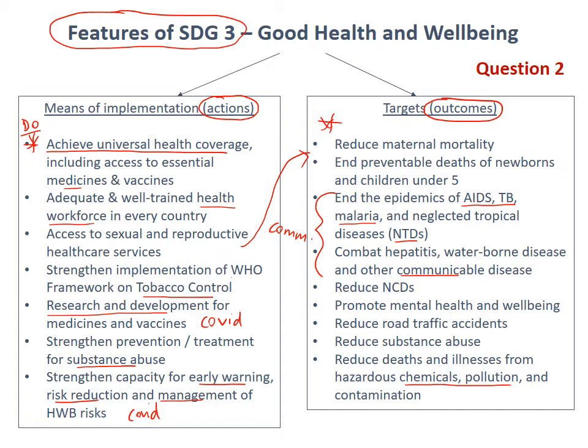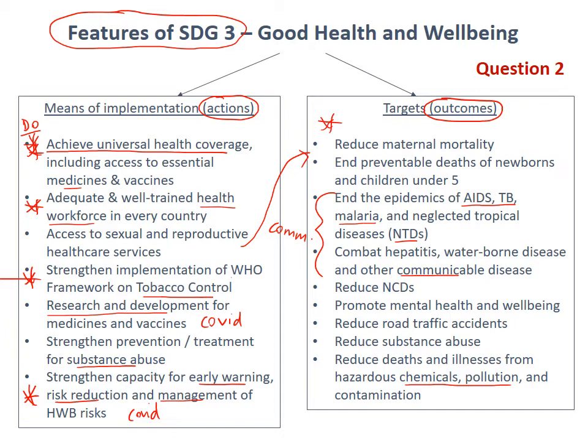So the first one is achieving universal healthcare. The well-trained workforce leads into that. Tobacco control. I would probably look at this just because of the year that we're in. There's a good chance they could put that in the exam this year and say that this is so important.